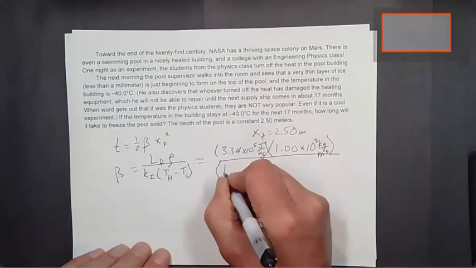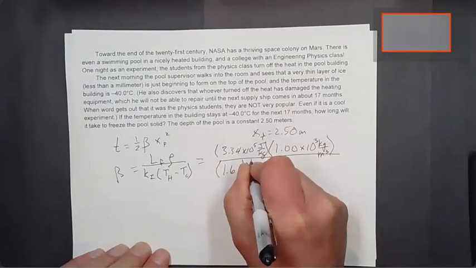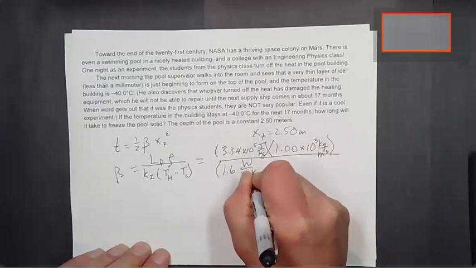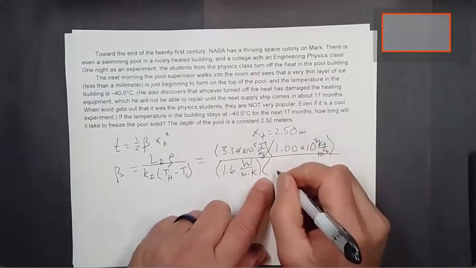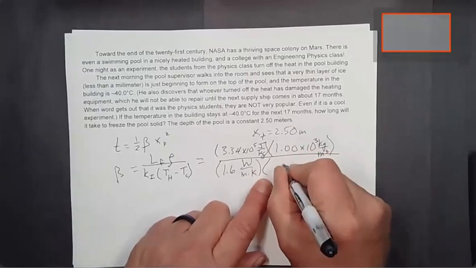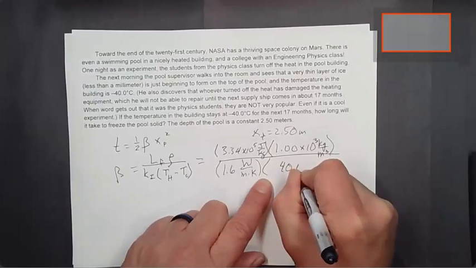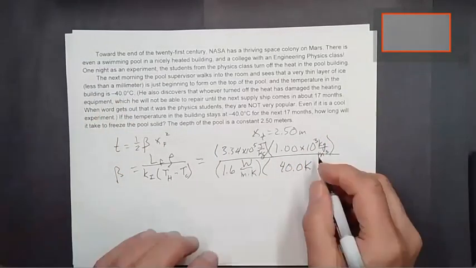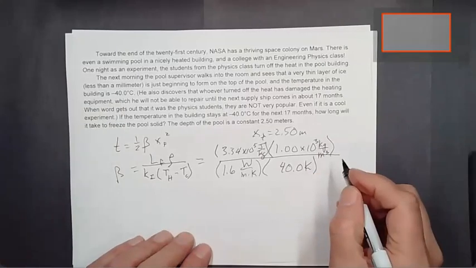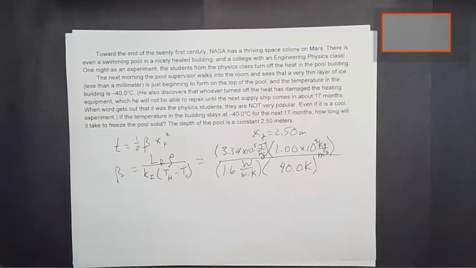And then multiply by 40.0. And this is the temperature difference. Kelvin and Celsius are the same for those things. So we can just get a number for that and see what it's going to be.